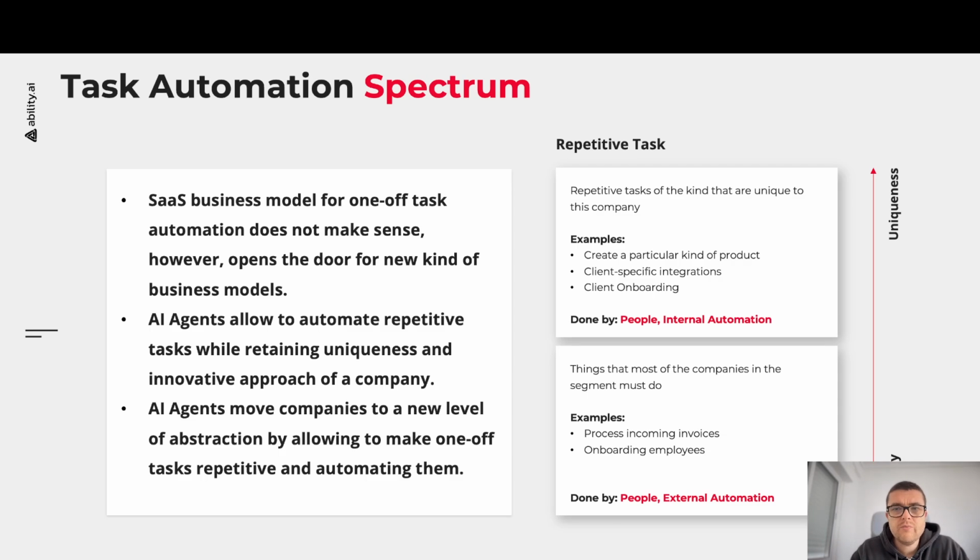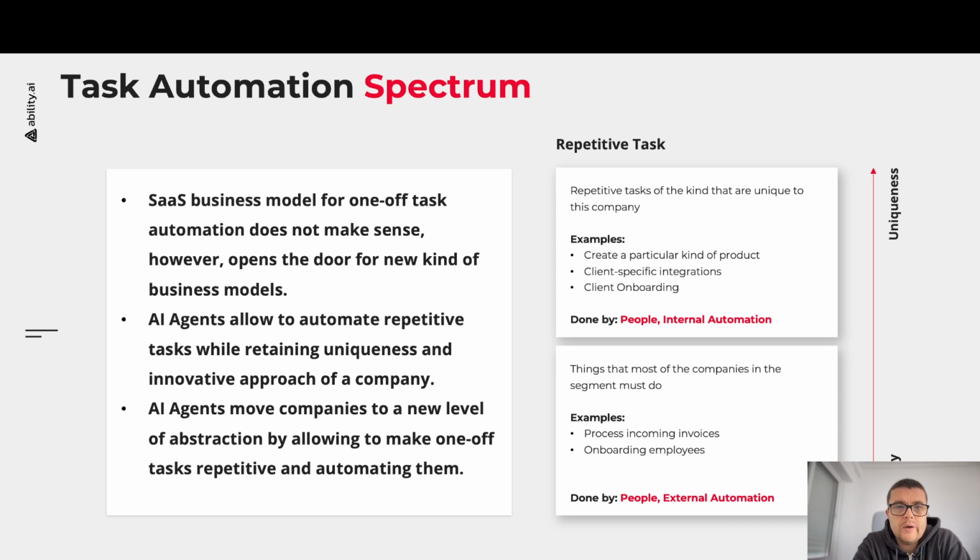But anyway, if we take this whole thing to heart, a few conclusions that I got from this little chart is that yes, the SaaS business model for one-off task automation doesn't really make sense, but it opens the door for other kinds of business models, whether it's one-time purchases, and I've heard people talk about that a lot recently, as well as group subscriptions to a number of, say, agents or integration tools or automation tools that each one of them can individually be a one-off kind of thing, but altogether, they create enough value to justify the purchase.